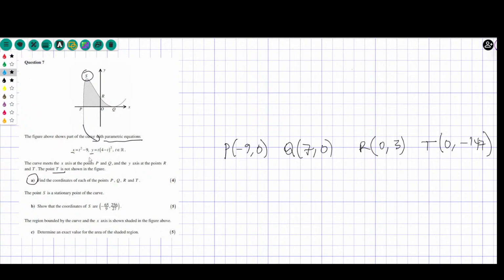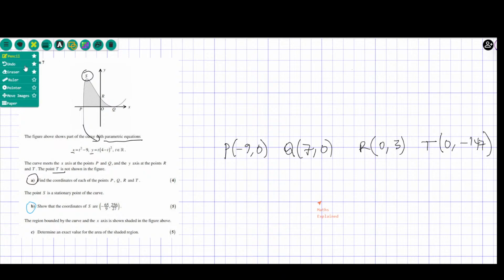Now, for part B, we're going to go in a blue pen. Why not? So part B says, show that the coordinates of S are as such. Okay, not very nice fractions, but we're just going to boldly go on and think about what it means. What is S?